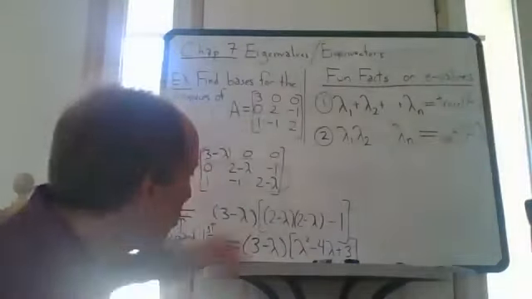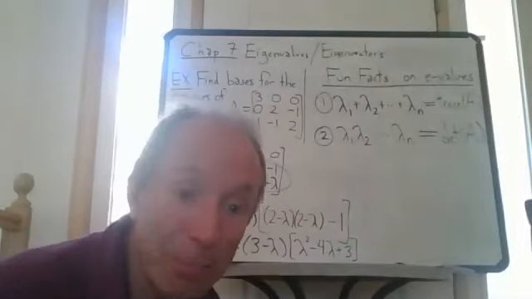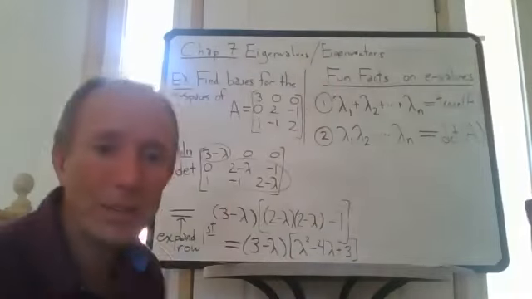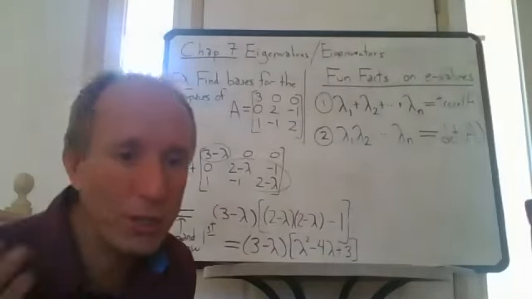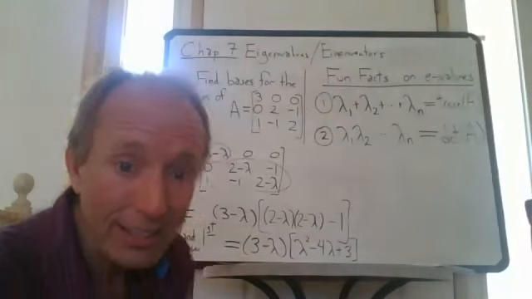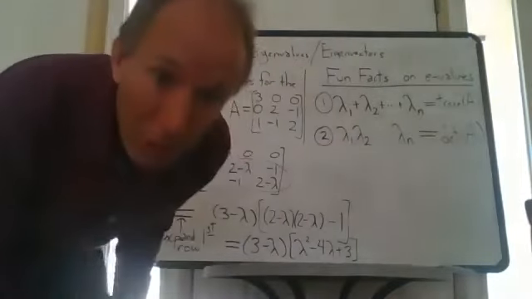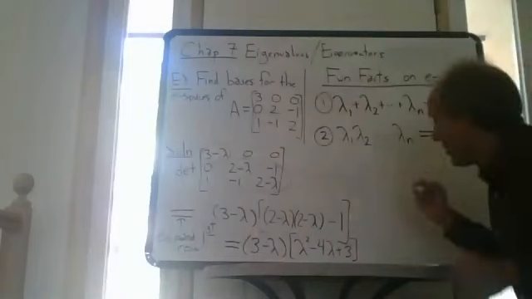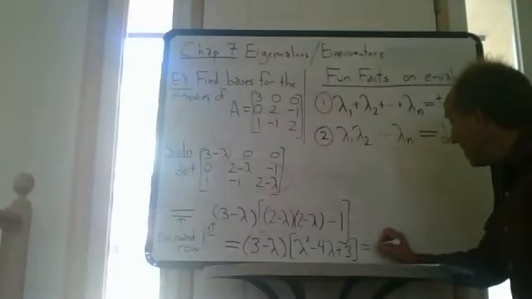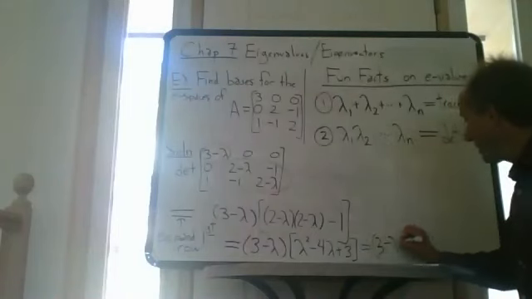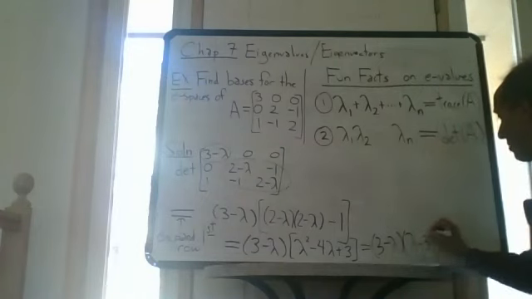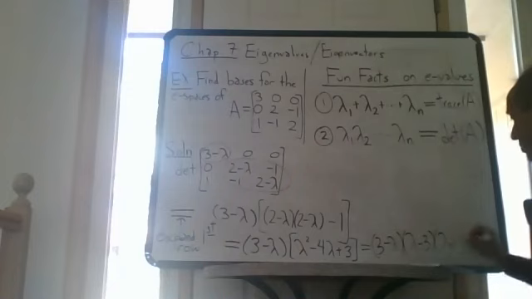Okay, so that's just multiplying out the part that's in the brackets. And a quadratic equation isn't so bad to factor. You can use the quadratic formula, for example, or in this case, you can probably just see how it factors. So I'm going to leave the 3 minus lambda here. This thing actually factors as (lambda minus 3) times (lambda minus 1).